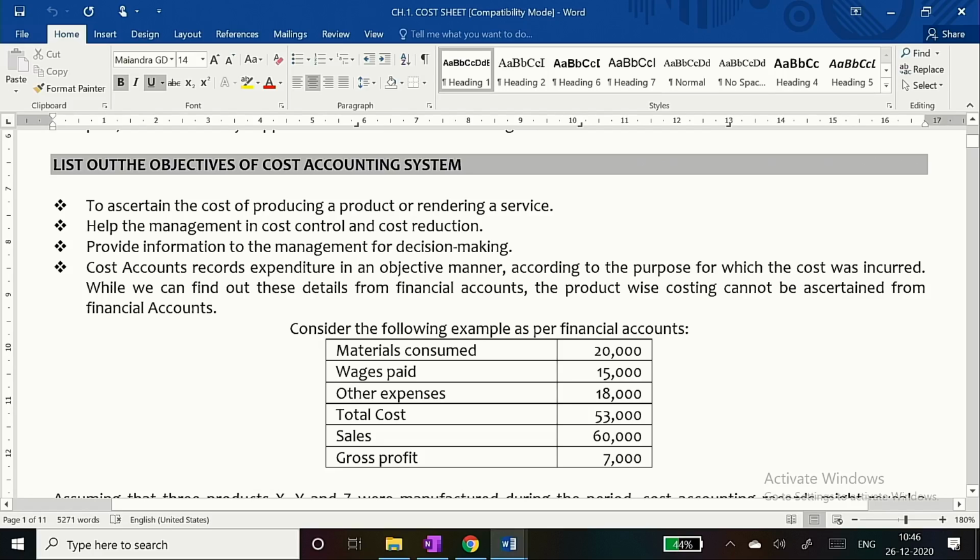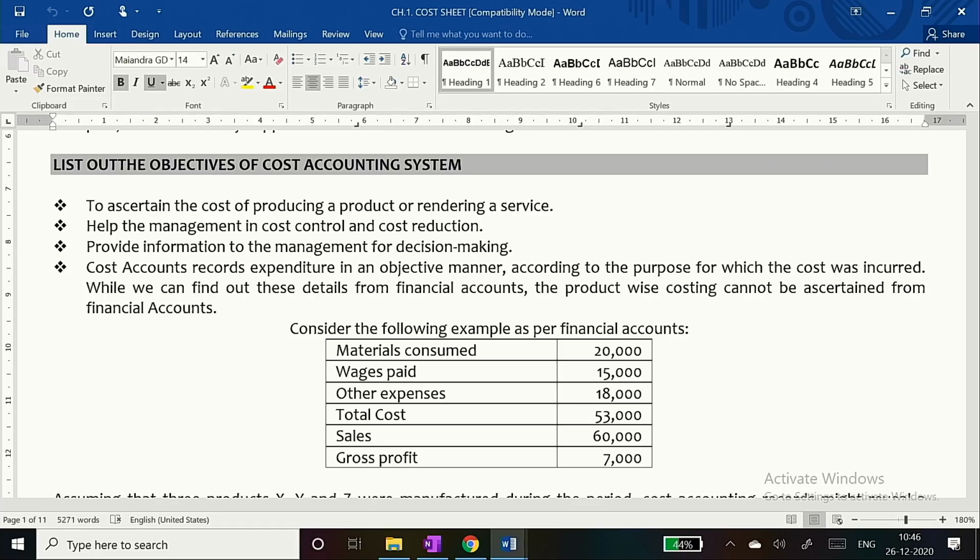What are the objectives of the cost accounting system? To ascertain the cost of producing a product or rendering a service. So, first step, as I told you, cost accounting is to ascertain the cost of producing a product. Help the management in cost control and cost reduction.